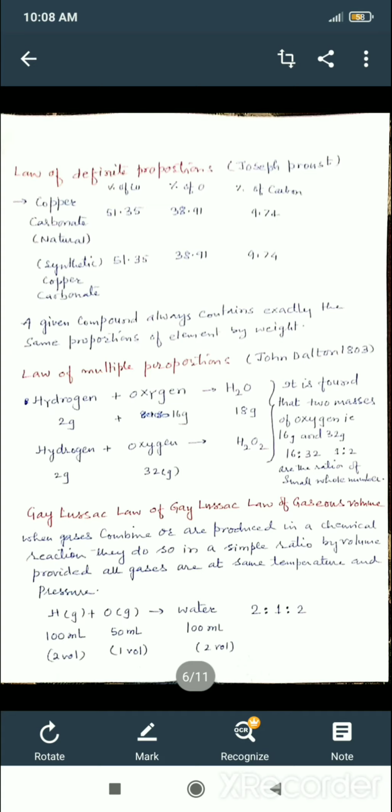Second, the law of multiple proportion, given by John Dalton in 1803.